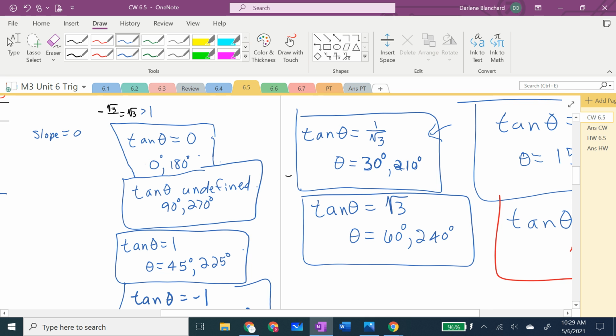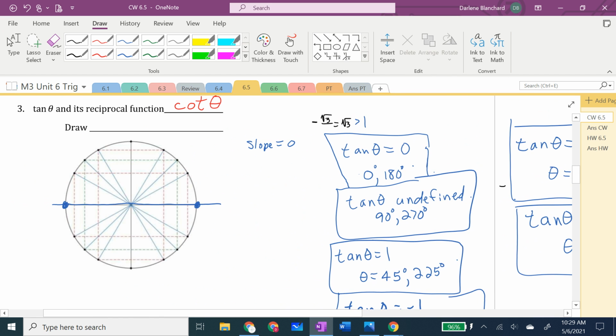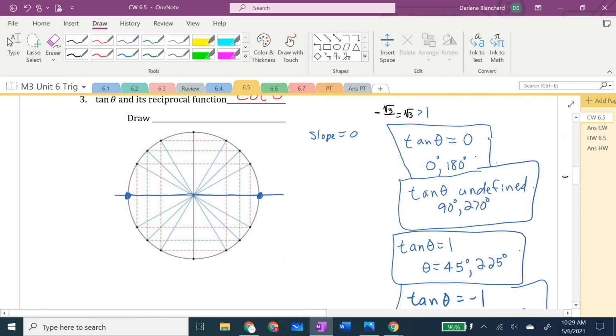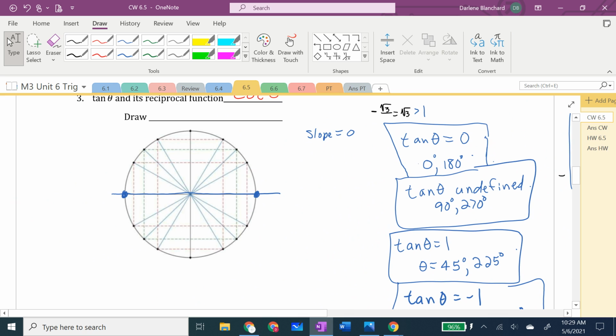Okay. So let me go over this a little bit. Let me go through them all. If I have a slope of 0 through the origin, that's going to show up at 0 degrees and 180 degrees.